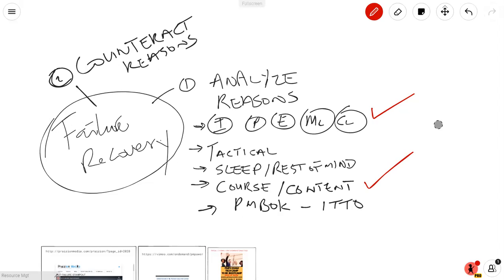And as far as the PMBOK guide and knowing and understanding the inputs, tools, techniques, and outputs, I will give you a recommendation and something to help. So, when it comes to the tactical aspects and whether you had enough sleep, rest of mind, it's up to you. But I'm giving you 3 out of these 5 points to help you.